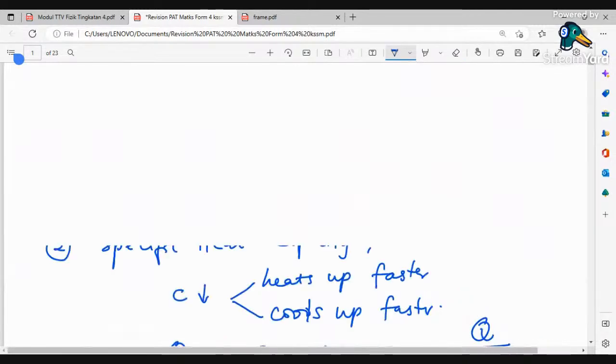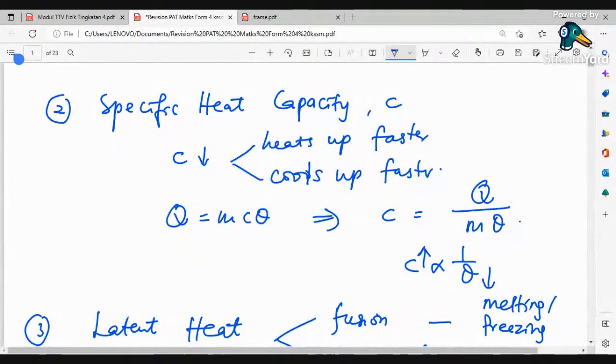Untuk specific heat capacity tadi, ada change in temperature, no change in phase.